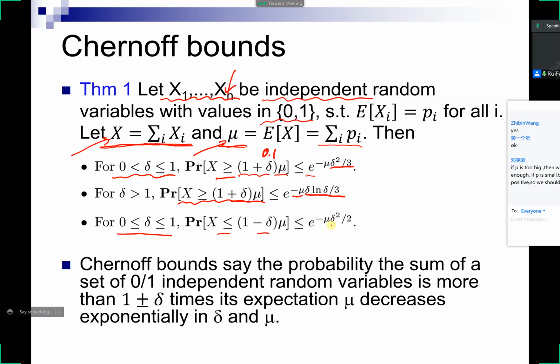And again, you have this constant term involving delta over here, and otherwise, it's going to be exponential in the expectation.